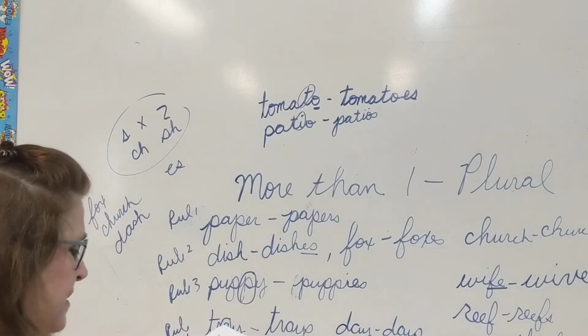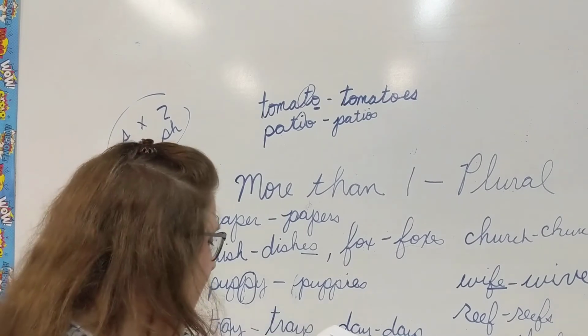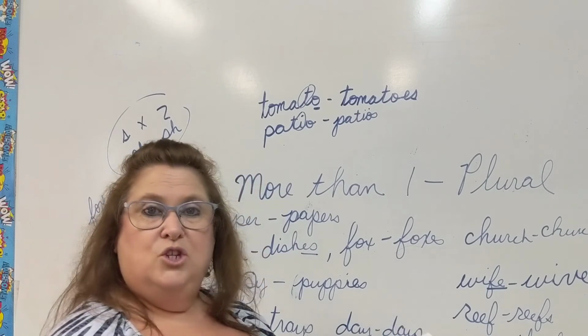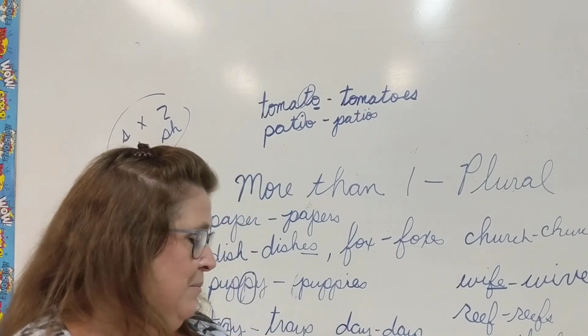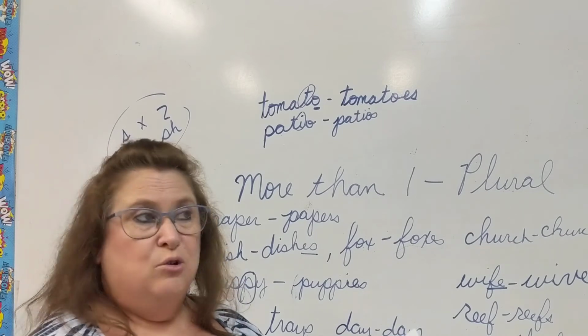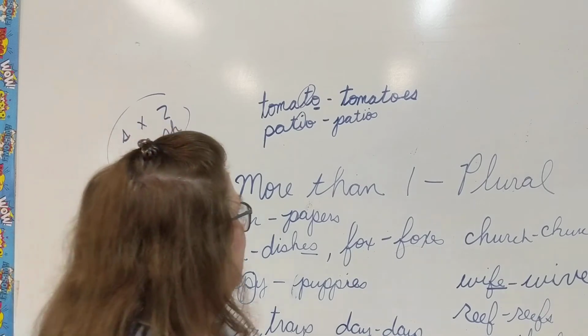Okay? And then our last rule is any musical word, like cello. Cello is a beautiful instrument. Or like piano, or like trio. Trio is when three people are singing, or three musical instruments are playing together.